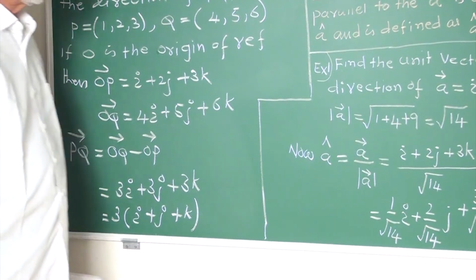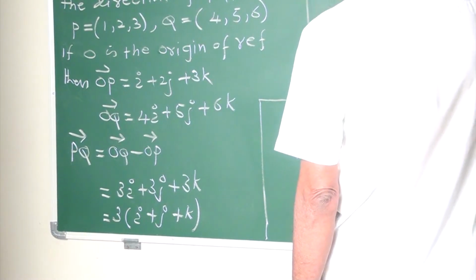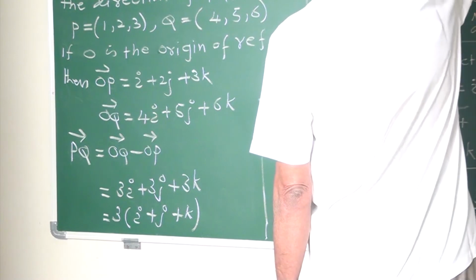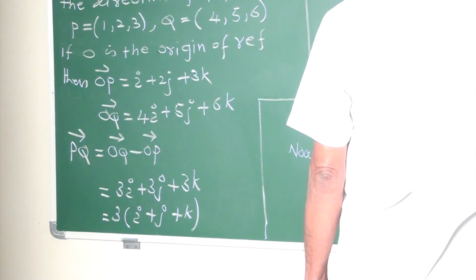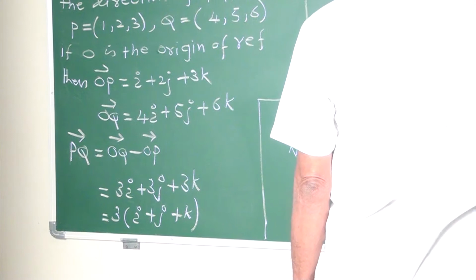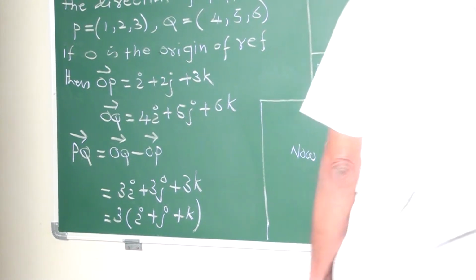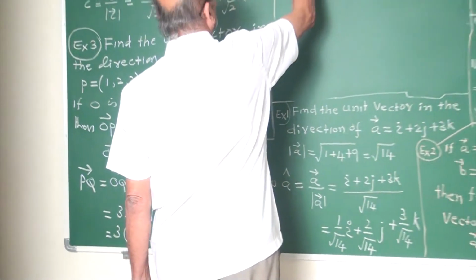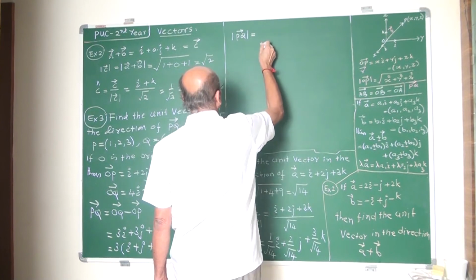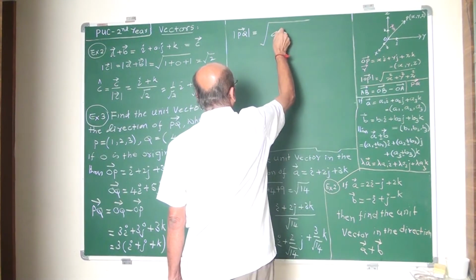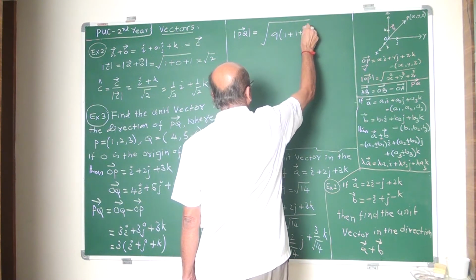Then you find the magnitude of this. Magnitude of PQ is the square root of 3 square, that is 9, into the coefficients 1 square plus 1 square plus 1 square.